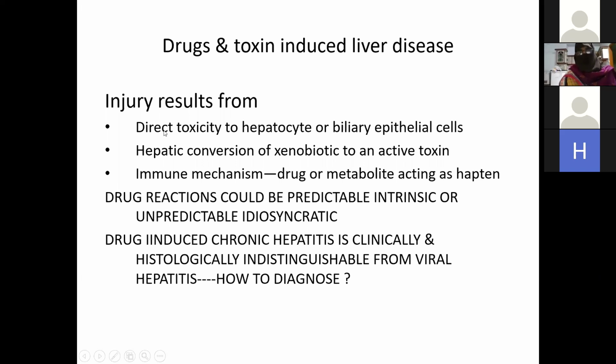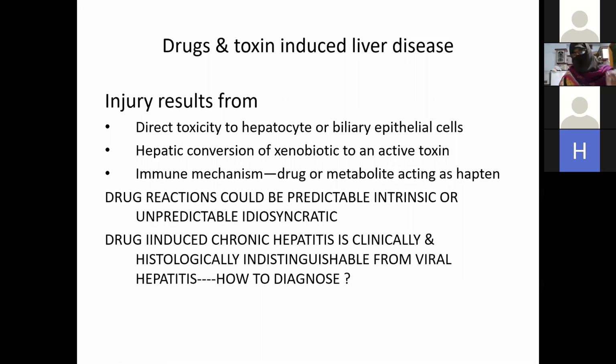Either there is direct toxicity to the hepatocytes and biliary epithelial cells, where the drugs themselves are directly cytotoxic, or hepatic conversion of a xenobiotic to an active toxin. The one drug which each of you should know, and how it affects the liver, is acetaminophen, because acetaminophen is the drug most commonly responsible for liver damage.